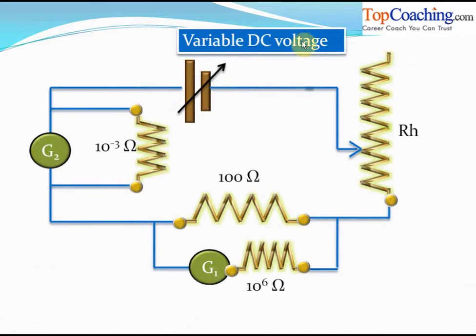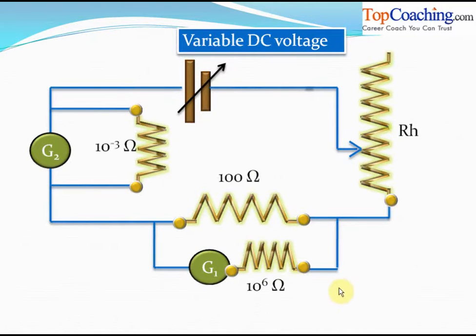Again, we're given 2 galvanometers and 2 resistances instead of an ammeter and a voltmeter, but that is simple enough. We can connect the ammeter in the circuit like this by connecting the 10 raised to minus 3 ohm resistance in parallel with one of the galvanometers. As you can see, I have connected this shunt resistance of 10 raised to minus 3 ohms with this galvanometer.